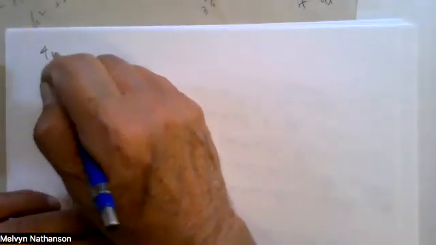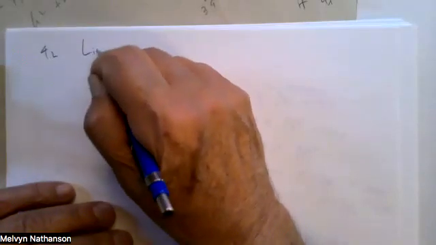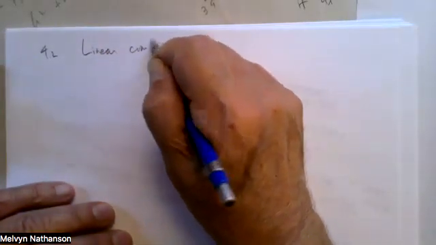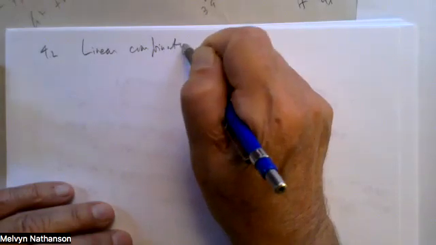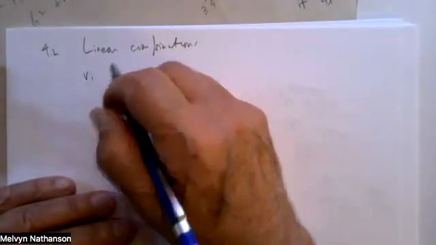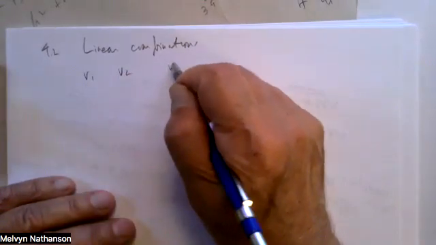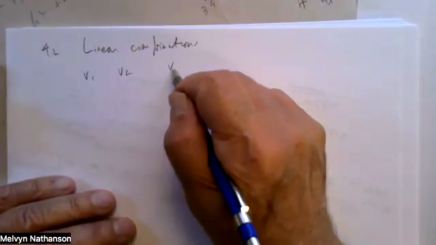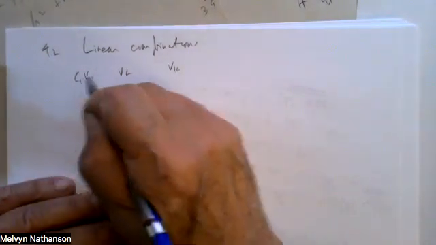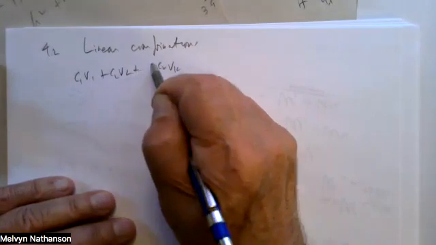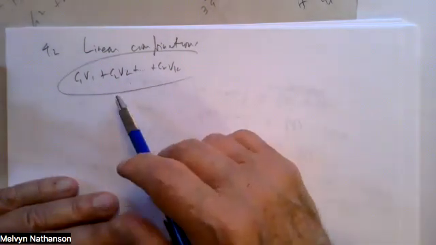I want to look at section 4.2, which is on linear combinations. So when we were looking at vectors in Rn, if you had vectors v1, v2 up to v sub k, and you multiplied each of them by a scalar, and you added, this was what is called a linear combination of vectors. And exactly the same definition extends to abstract vector spaces.